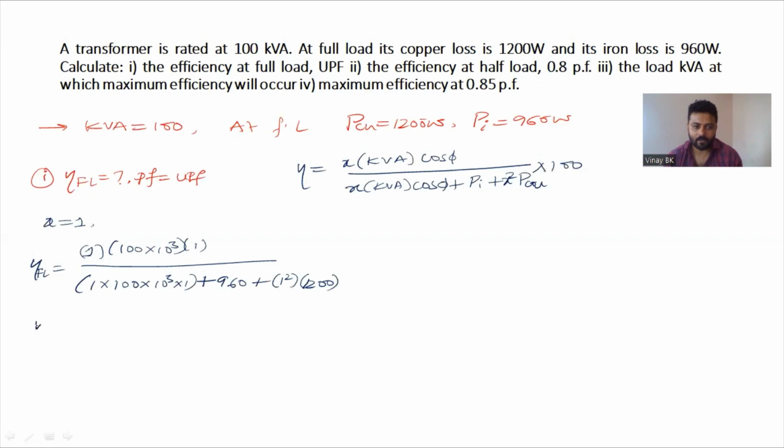So eta full load is 100 kilo divided by 100 kilo plus 960 plus 1200. You get 97.88 percent.